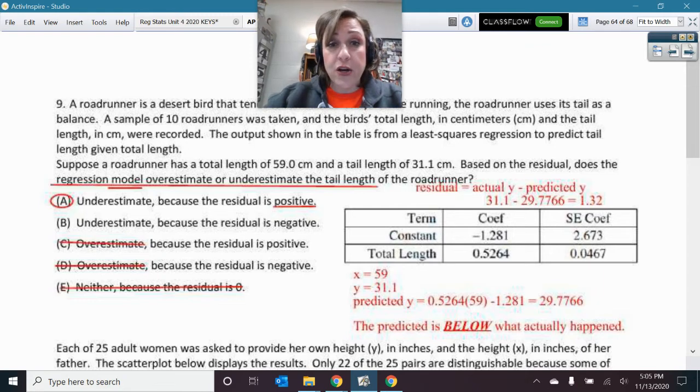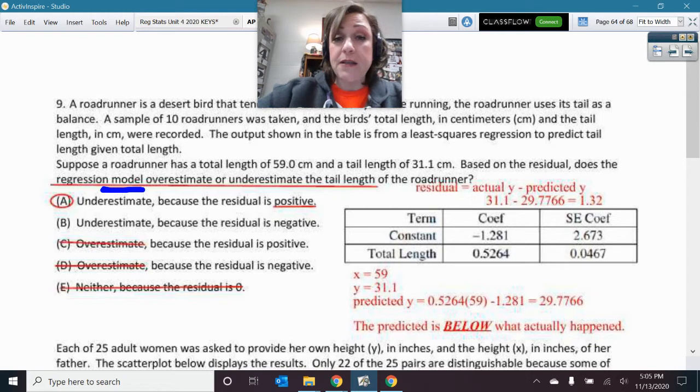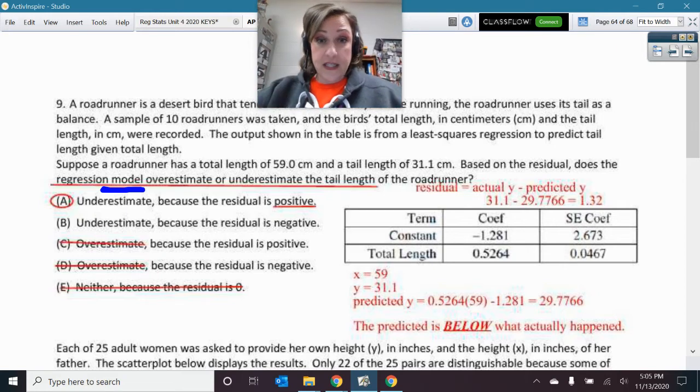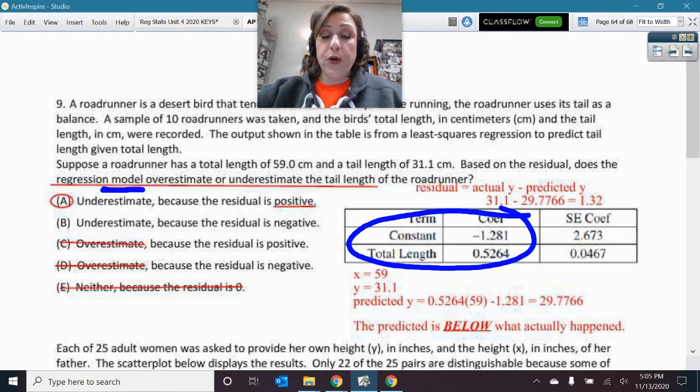All right, so here they wanted to know, does the model overestimate or underestimate what actually happened? Okay, so a couple things you had to do and know to get this problem. You had to be able to use this printout to get the equation, the prediction equation. Okay, so that's this.